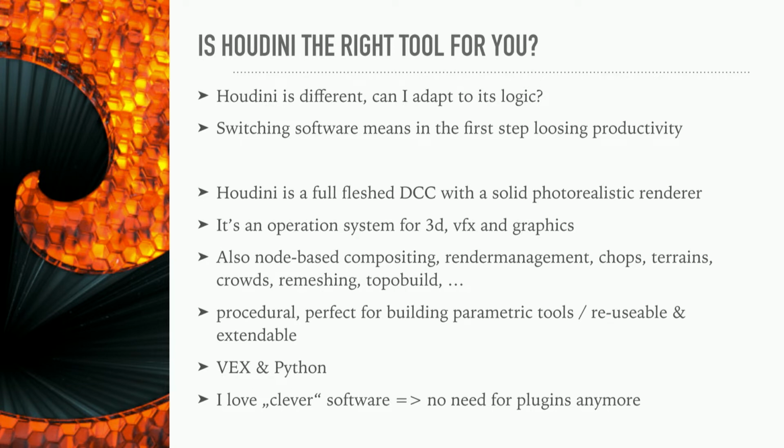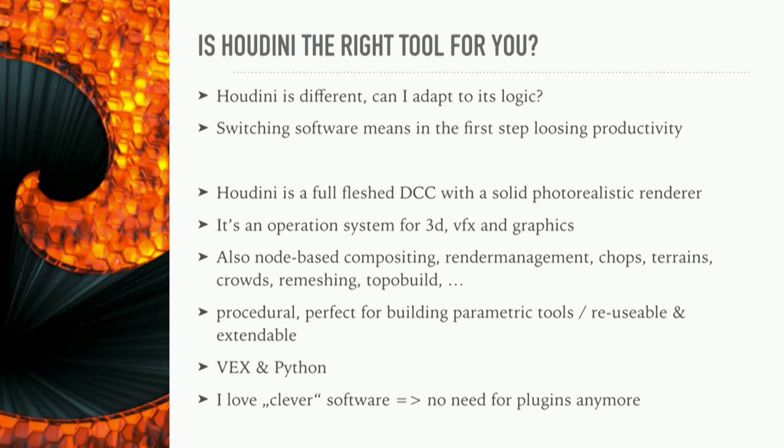And if you now switch the software, you throw yourself back to, for example, 20% productivity. Wow, you lose a lot. How long do you need to adapt now to the same level you had before in your old software?